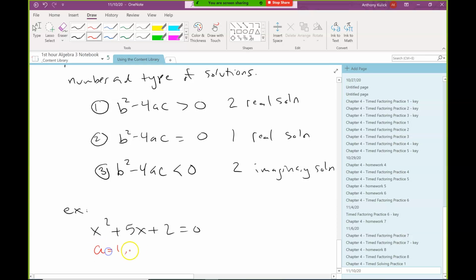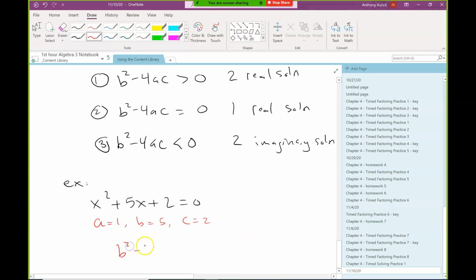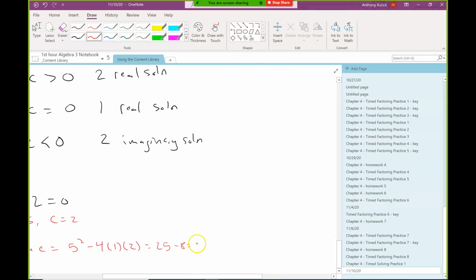Here the a is 1, the b is 5, and the c is 2. So my discriminant, 5 squared minus 4 times 1 times 2, is 25 minus 8, which is 17. Since that's greater than 0, I know I'd be expecting 2 real solutions.